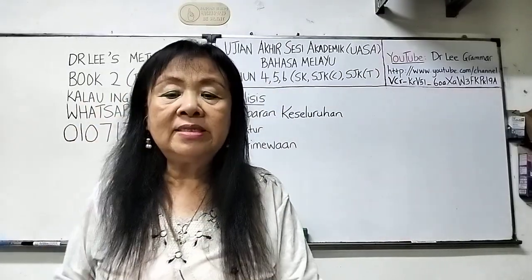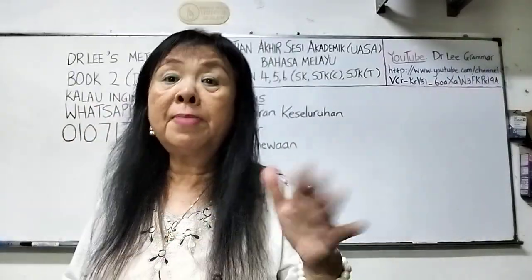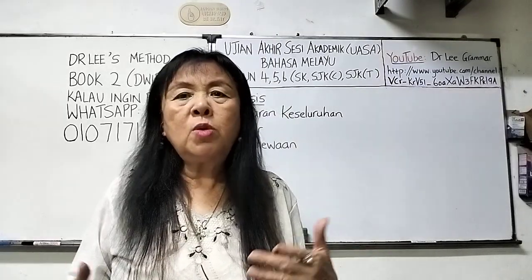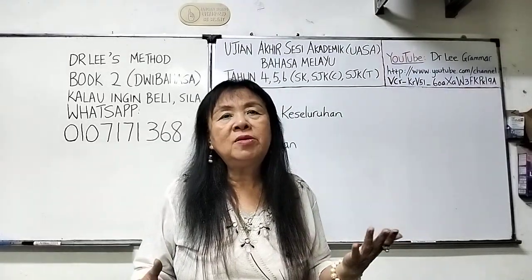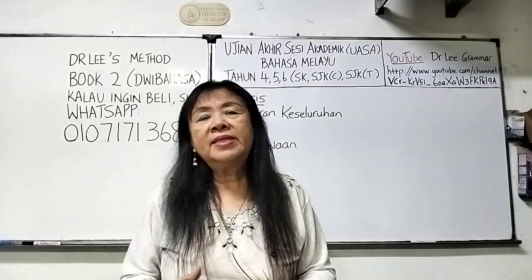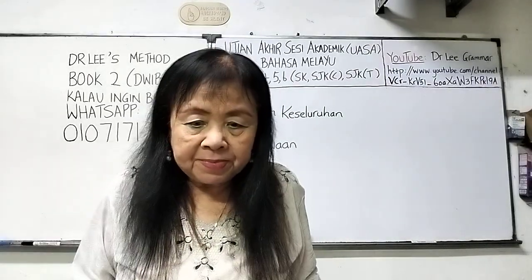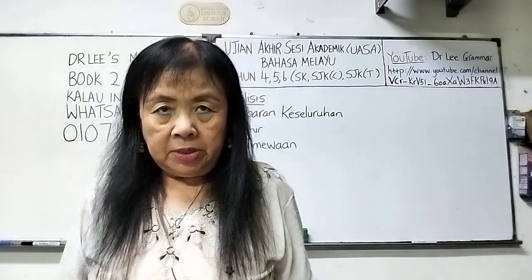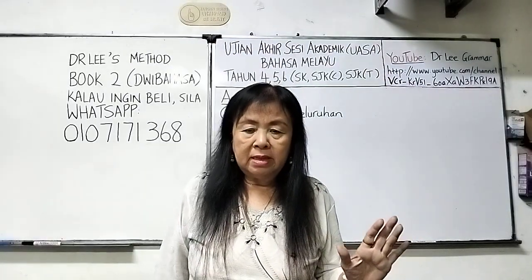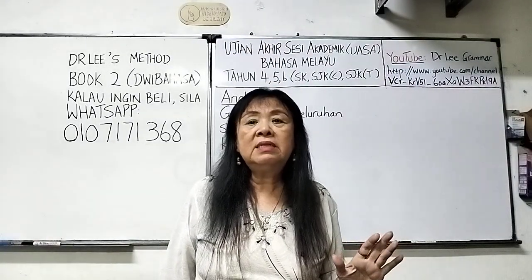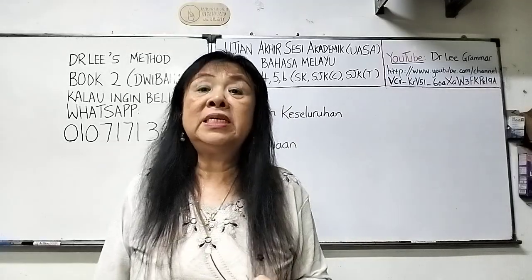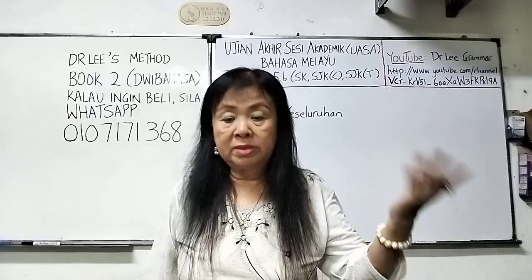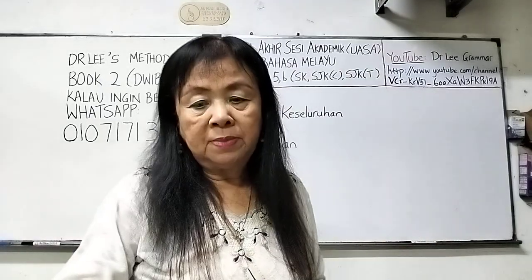Write 5 sentences about the picture. I'm talking about Sjkc actually. The rest are the same, ulasan, give your comment, your review, that comes under the writing paper. But for Uasa, Bahasa Melayu is now a single paper system. Okay, so it replaces the paper 1, paper 2 system, where we call it the dual paper system.